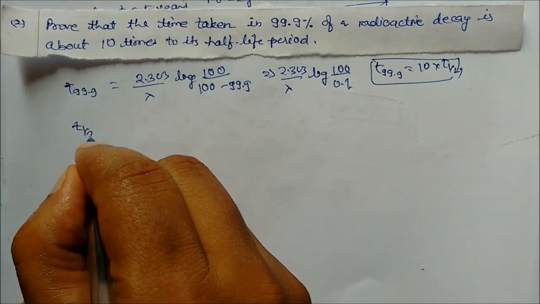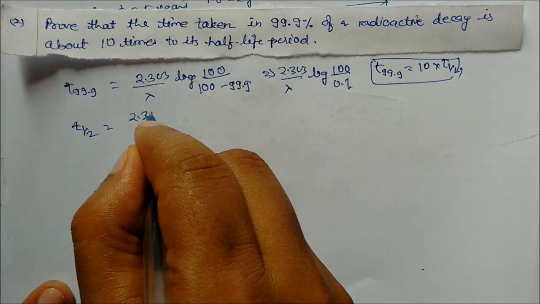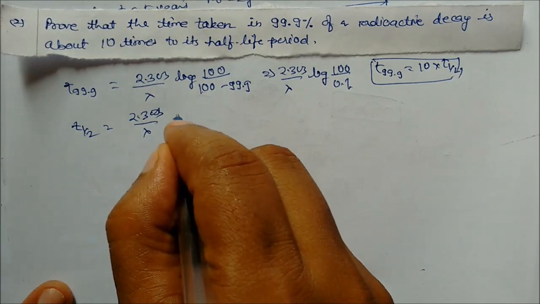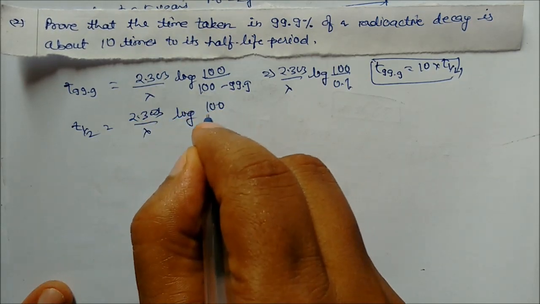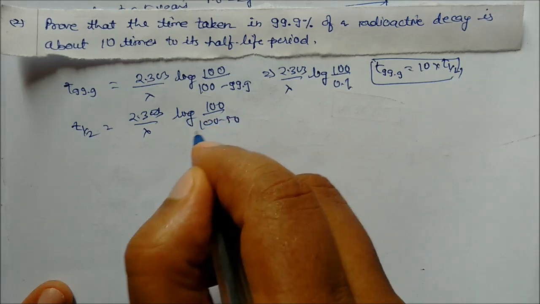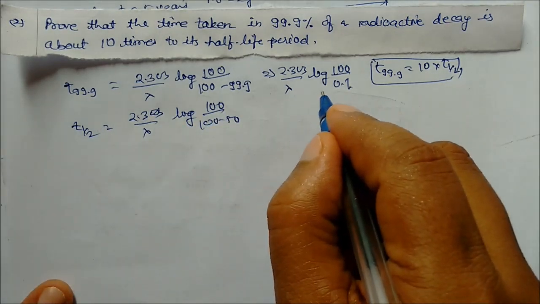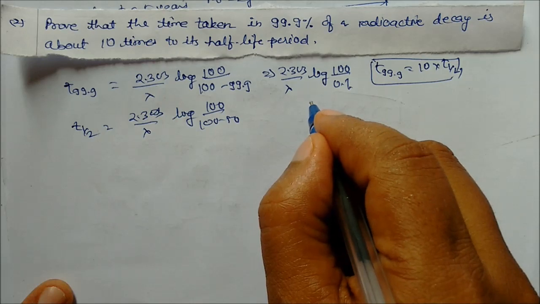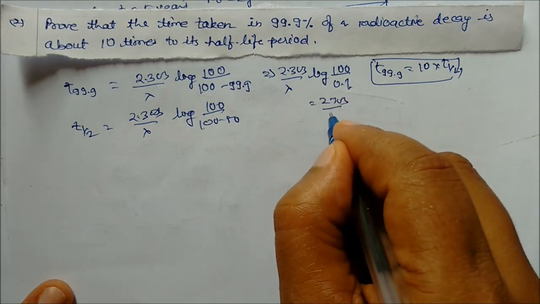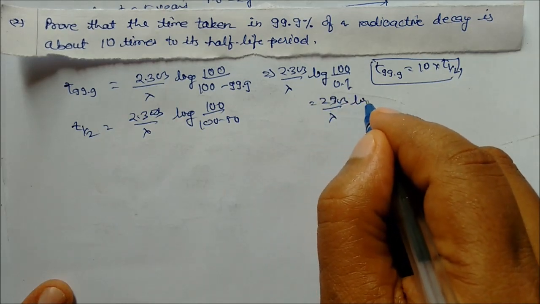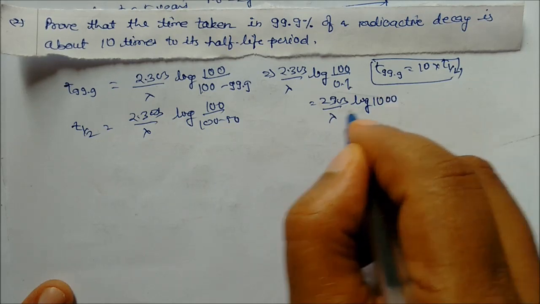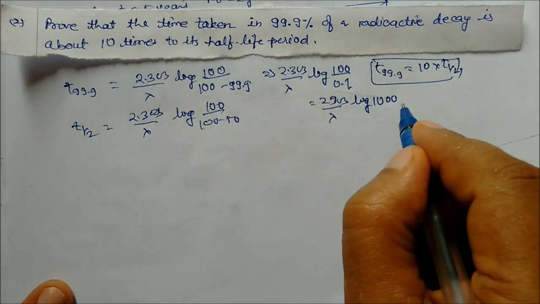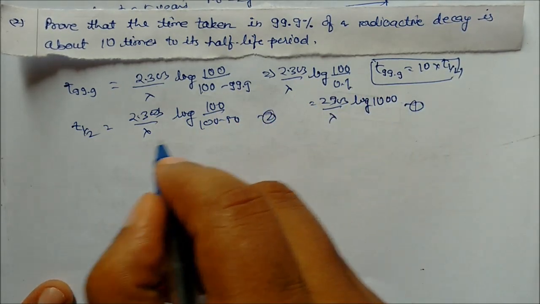Similarly, take T half: 2.303 by lambda and log of 100 divided by 50. Here we will get log 1000. So this is the first equation and this is the second equation.